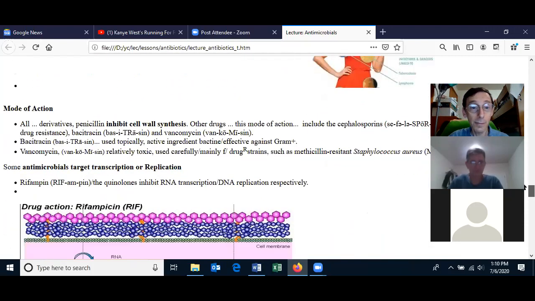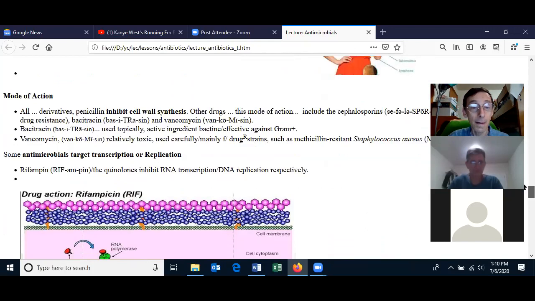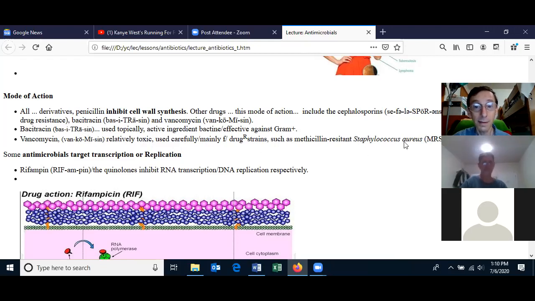All right, any question about that? So I don't think I mentioned terribly much, but the penicillins inhibit the cell wall, and there's a whole group of antibiotics that actually inhibit the cell wall synthesis, most of them stopping the formation of peptidoglycan.